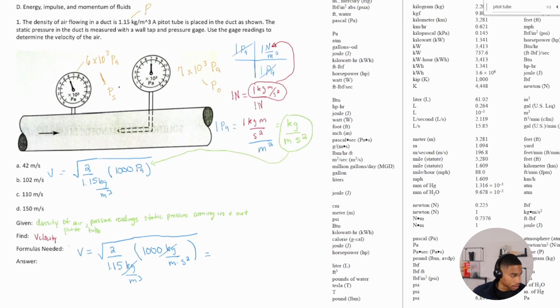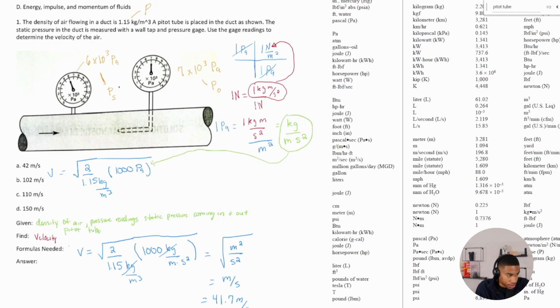So we're going to get our answer in meters squared over second squared. We're going to take the square root of that, and it's going to give us our meters over seconds. And so the answer is going to be 41.7 meters per second.